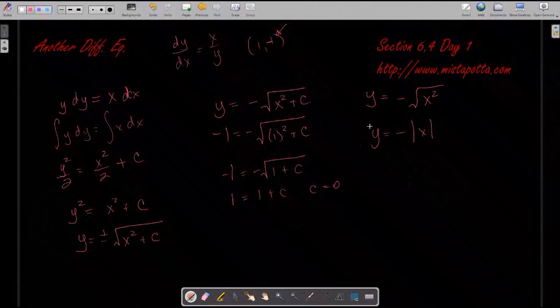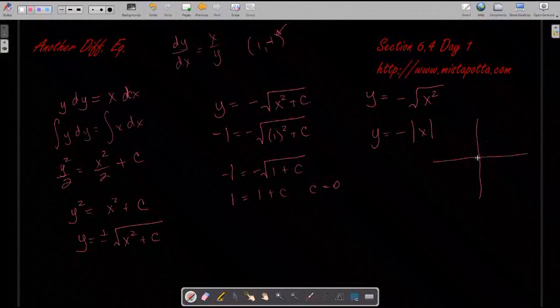And so my graph for this differential equation would look something like this. My absolute value of x just reflected across the x-axis.